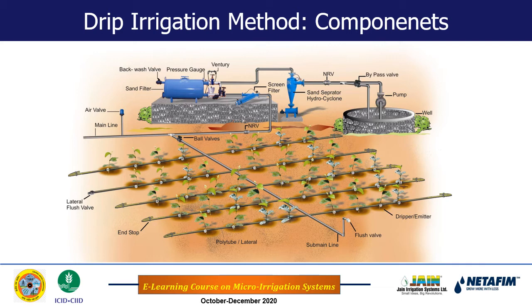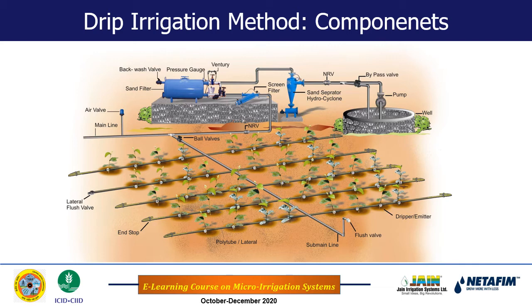So this happens for the non-pressure compensating kind of the emitter. Okay, but if you want the longer length of the lateral and if you want more uniformity, then we need to go for the pressure compensating emitter. In pressure compensating emitter, there is one arrangement actually in the emitter itself.